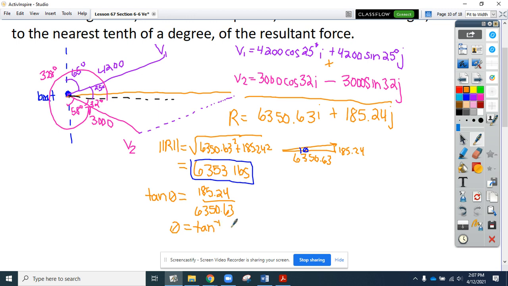So I'm going to take the inverse tangent of that. There it is. I type that in my calculator. It says to go to the nearest tenth, and I get 1.7 degrees.